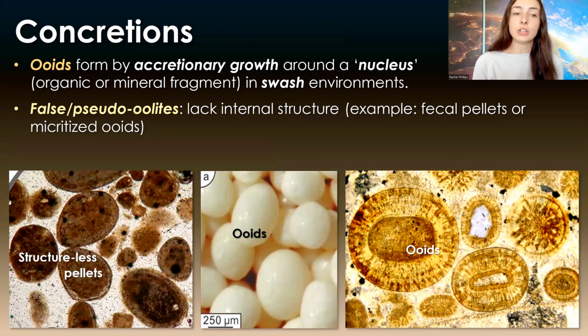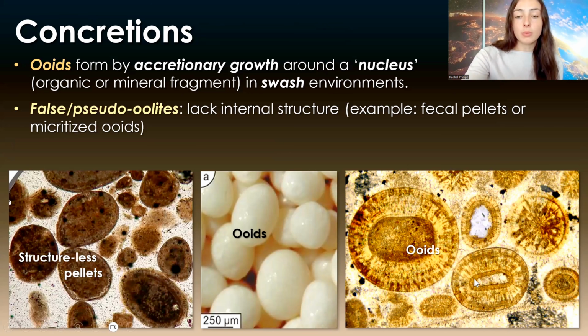There are, however, false or pseudo-oolites, or rocks containing ooids are oolites. And these false oolites often lack internal structure. So if you decide to go and see if the rock you have is an oolite or not, you might cut it into a really thin slab and look at it under a microscope, because again, these are really tiny. And when you do so, you can either see this radial structure like over here to the right, or concentric layered structures.